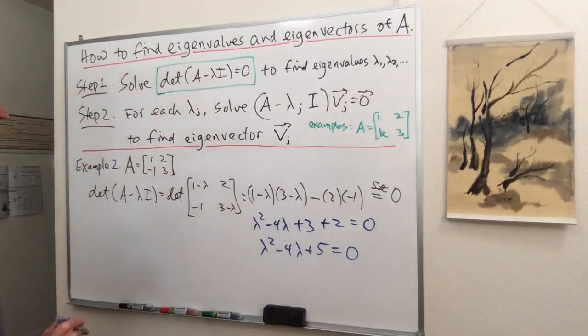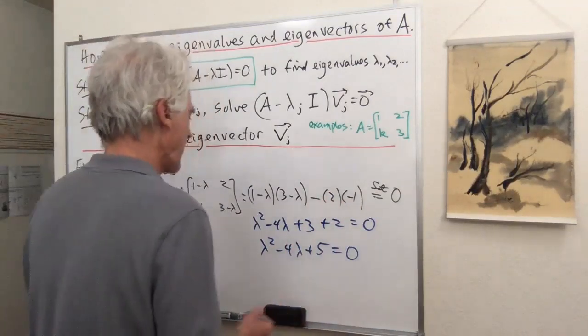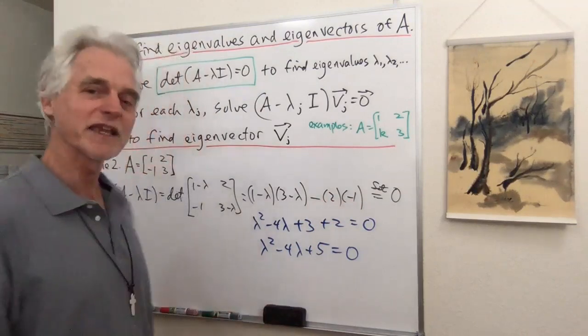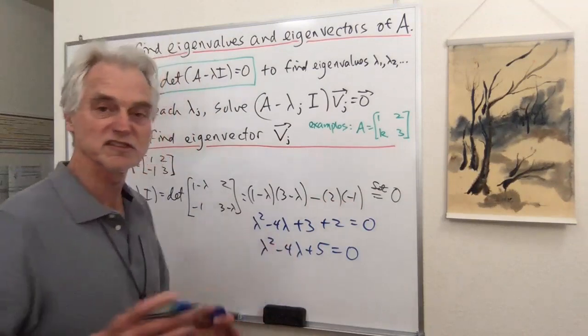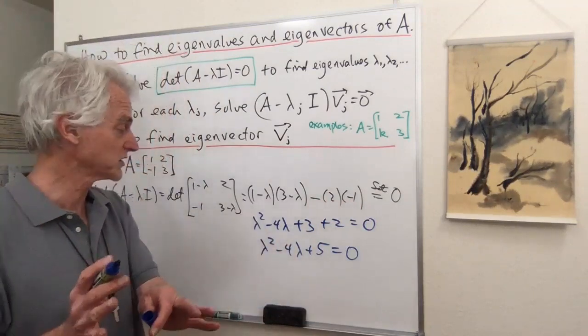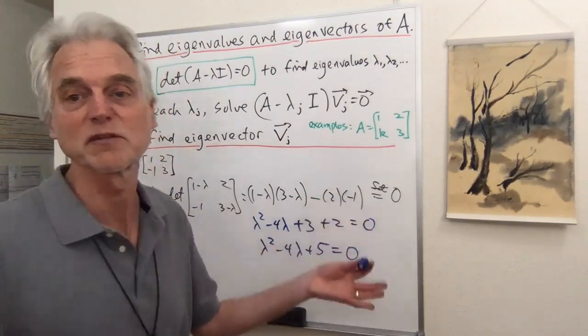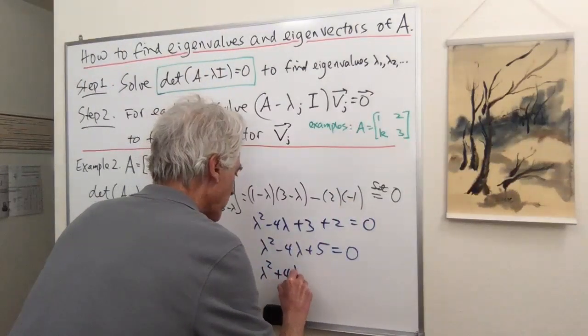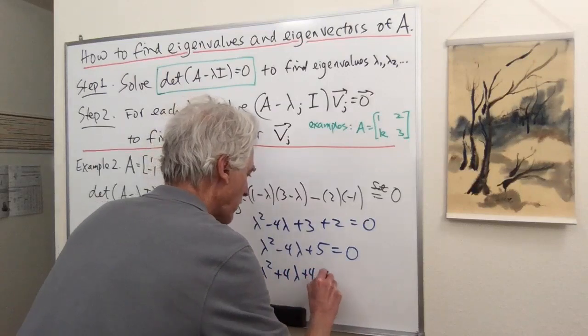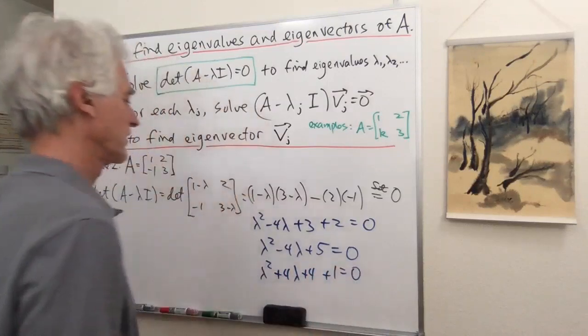All right. So actually, I'm a little bit tired. I keep trying this problem and I keep messing up. I could use the quadratic equation, but I'm going to complete the square for you. This is lambda squared plus 4 lambda plus 4, all plus 1 is 0.